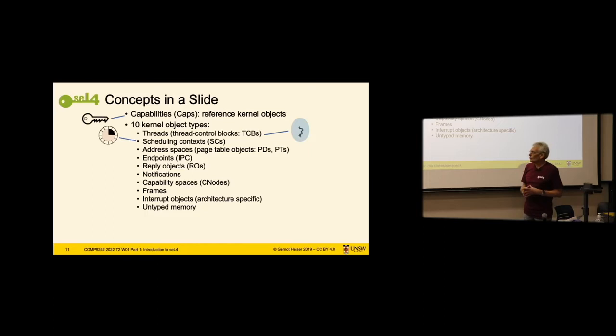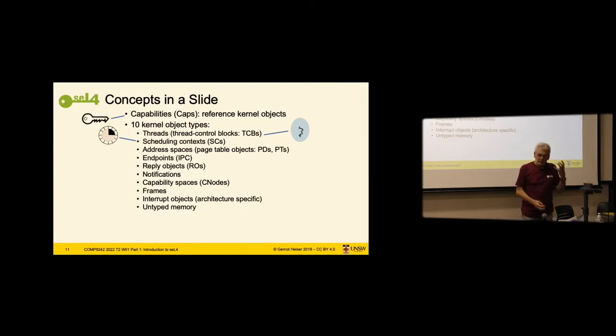The second one is scheduling context, and that's the abstraction for managing the time resource. A scheduling context, if you like, and again, I'll get into more detail, is the right to use the CPU for a limited amount of time, or rather a time share of the CPU.